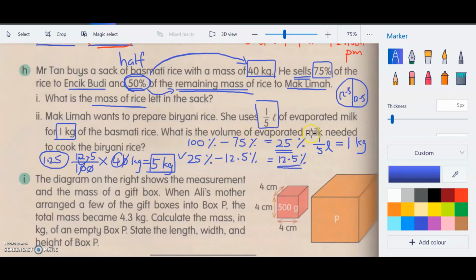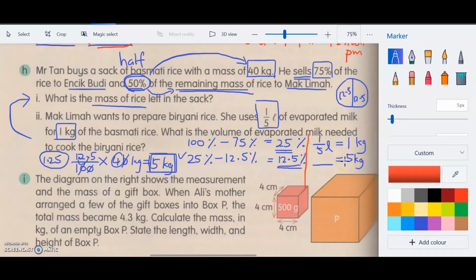What is the volume of the milk needed to cook the rice? Now, what is the mass of the rice? This is based on question 1. So question 1, just now we got 5 kg of rice, right? So, how much milk is needed for 5 kg of rice? Okay, this is the equation.